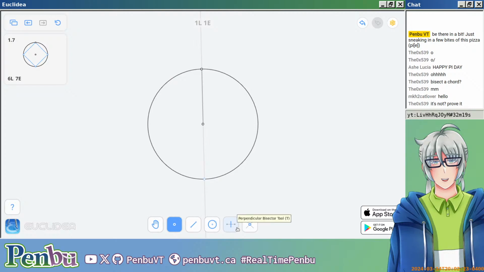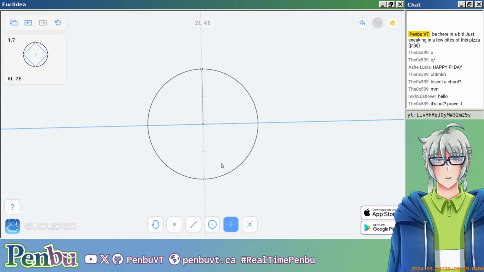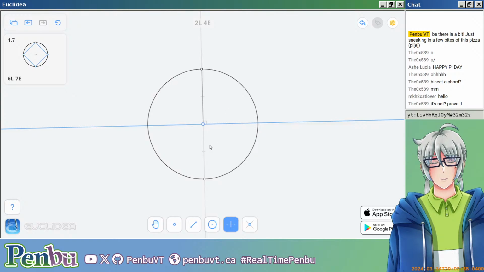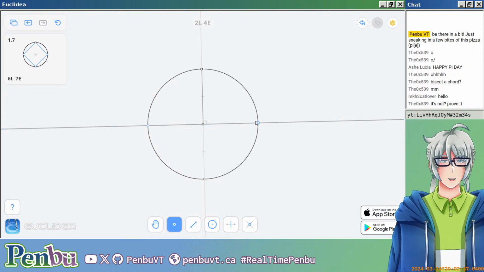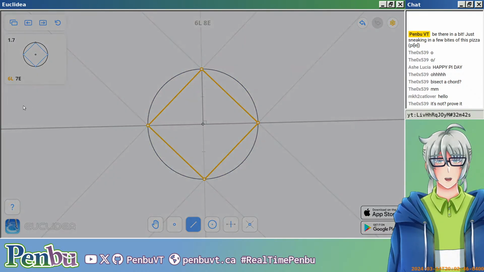And then we also know that squares all have 90-degree angles. We can use a perpendicular bisector to calculate 90 degrees and then put points here and here and match up the square this way. So that's with the 6 tools.